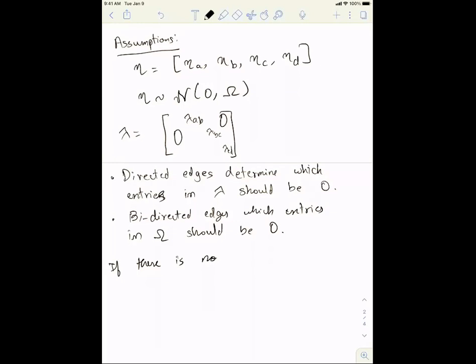I guess there it's omega inverse instead of omega. But there are multiple different interpretations. Basically, again, the directed edges are given by your lambda, and the undirected edges correspond to the precision matrix or the covariance matrix of the Gaussian.